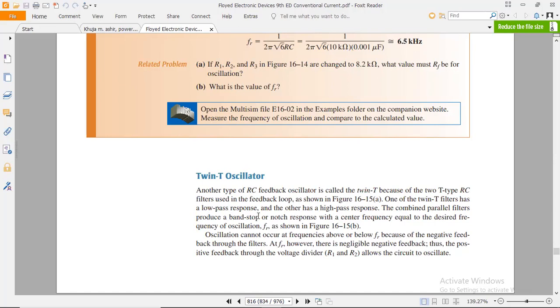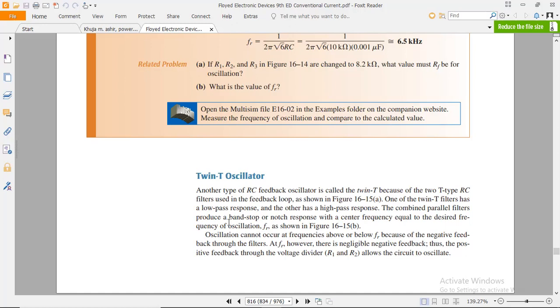Low pass is a type of filter or circuit which passes low frequency, and the high pass filter is a kind of filter which passes the high content of frequency. By combining these two filters, we can make a band pass filter. The combined parallel filter produces a band stop or notch response.